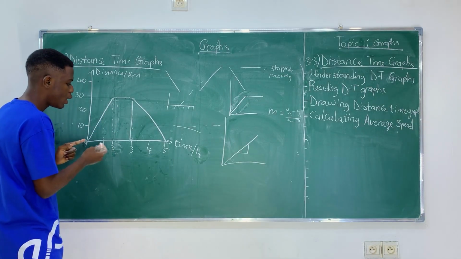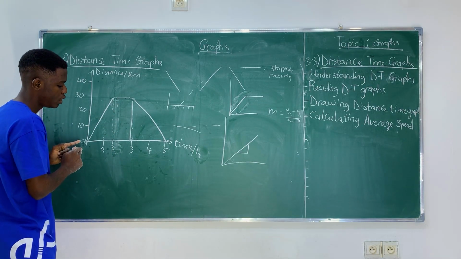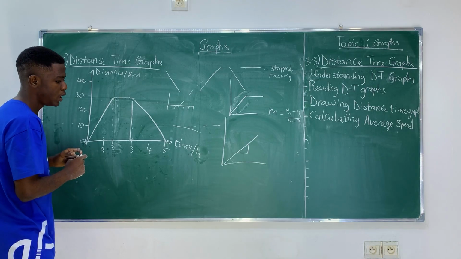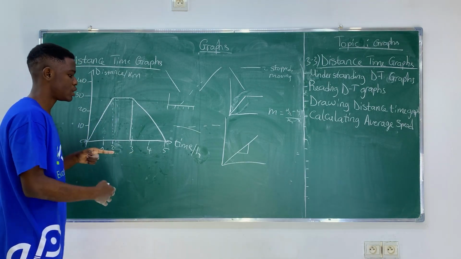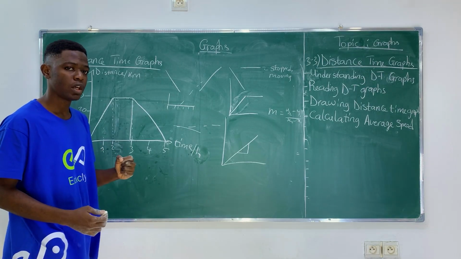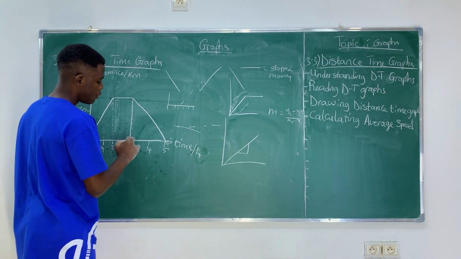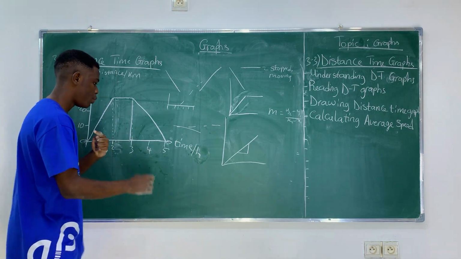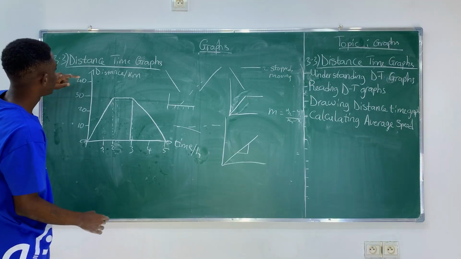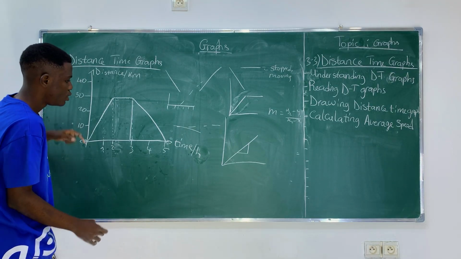For the first 2 hours, the car was moving away from the original point with a constant speed. From the second hour to the third hour, the car completely stops. Then from the third hour to the 5th hour, the car was moving back to the original point, which is here. The original point is distance 0.